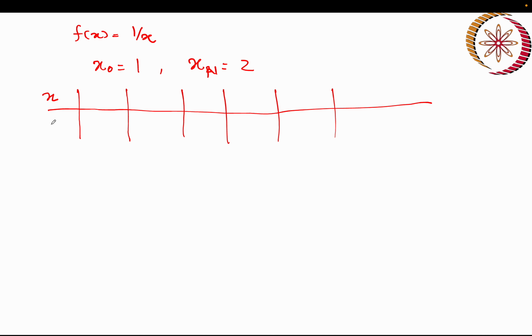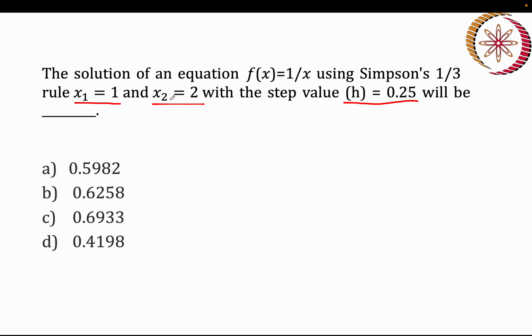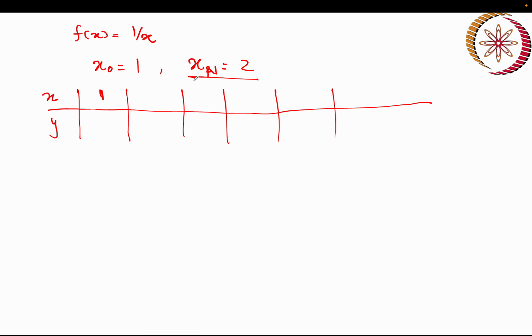So let's say these are x values, this is the y value, and x0 is 1, and the step size is given. Step size is 0.25, and we'll go till 2. So it is 1.25, 1.5, 1.75, and 2.